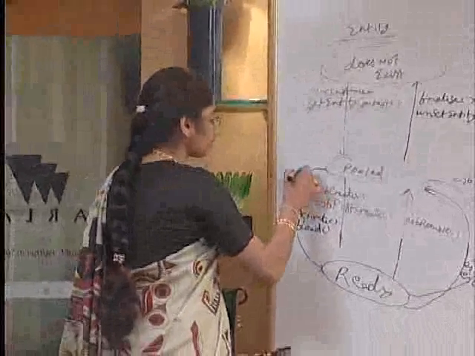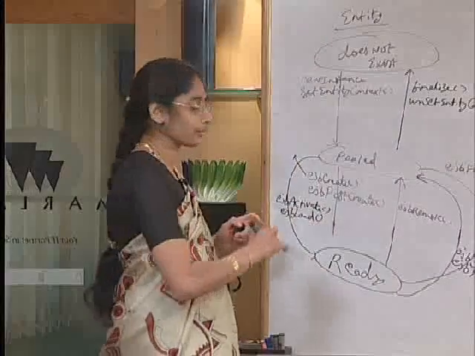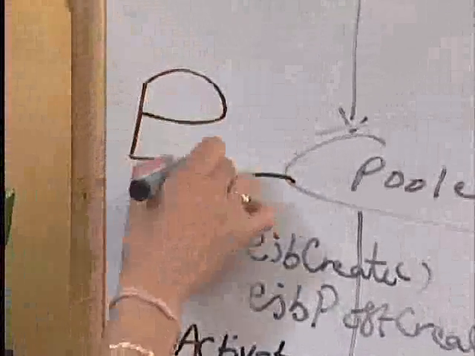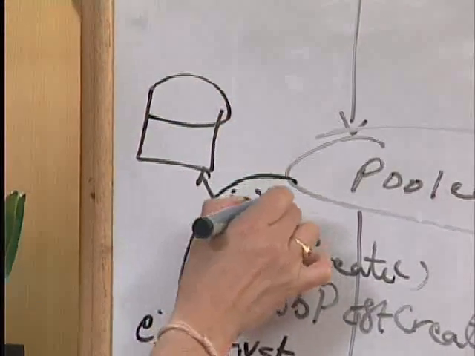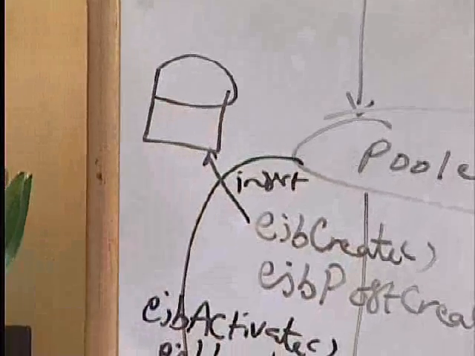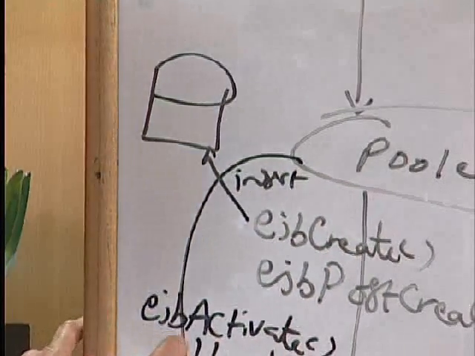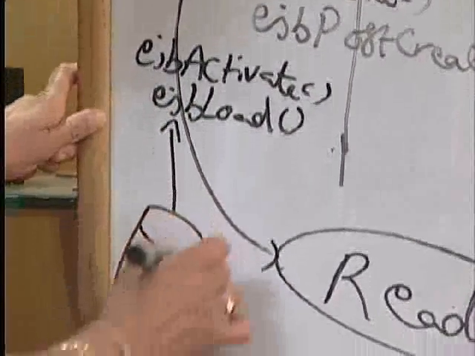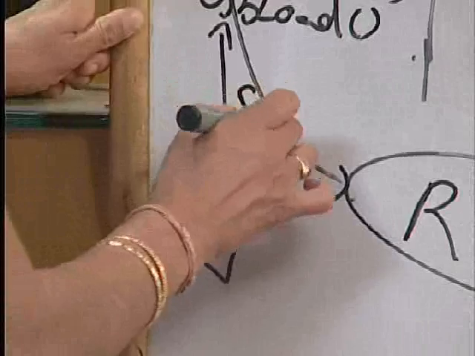Another thing is, what exactly happens during EJB create? An insert to a database occurs in case of EJB create. EJB load, since we are going to read it from the database, is a select.